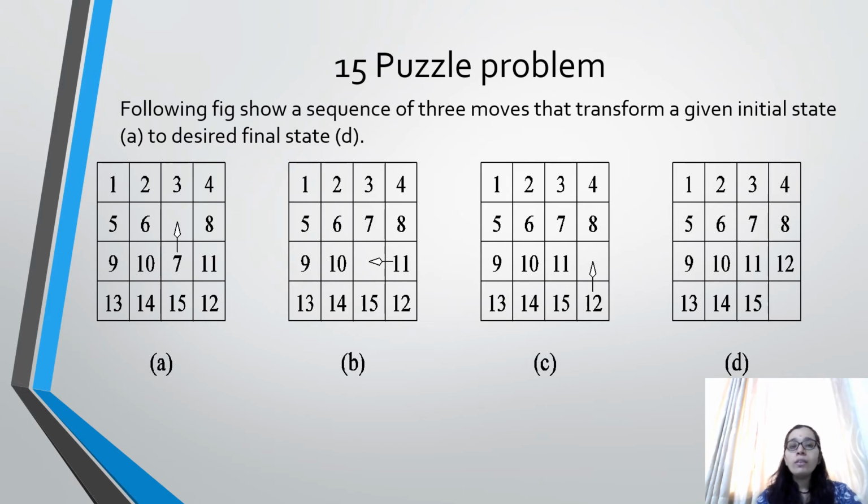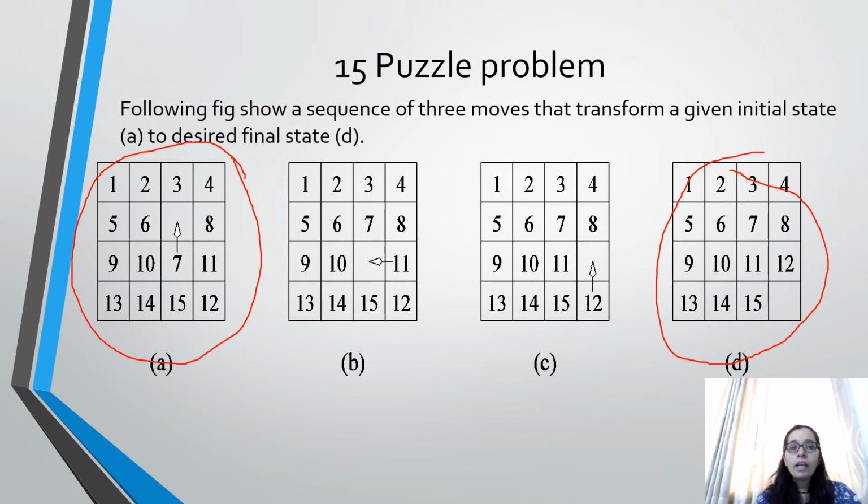So the following figure shows a sequence of 3 moves that transforms a given initial state to the final state. So A is the initial state that is given and D is the final state that is to be obtained. And as I have mentioned, there will be one blank tile. So this is the blank tile, and this is the initial configuration, this is the final. So how will the final be obtained from the initial?